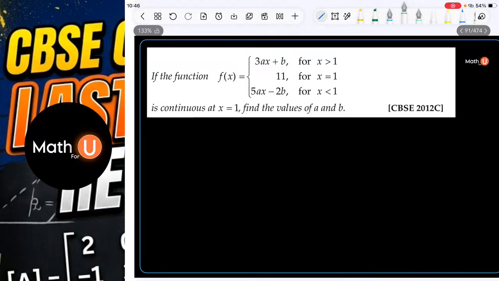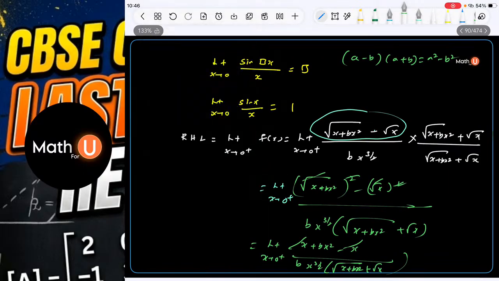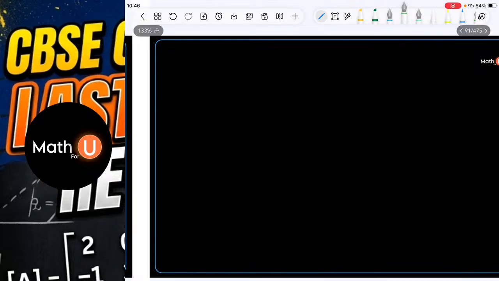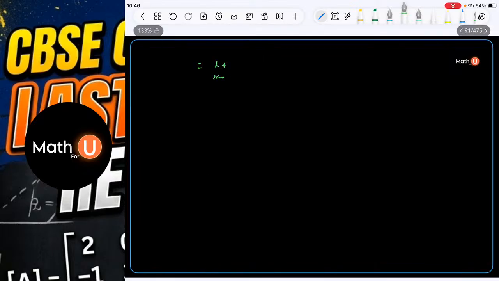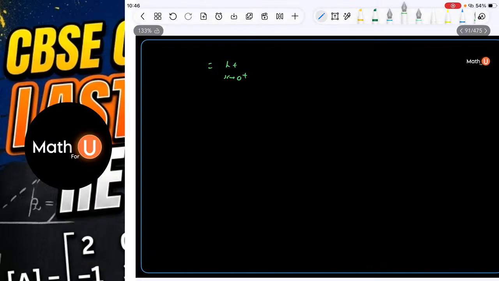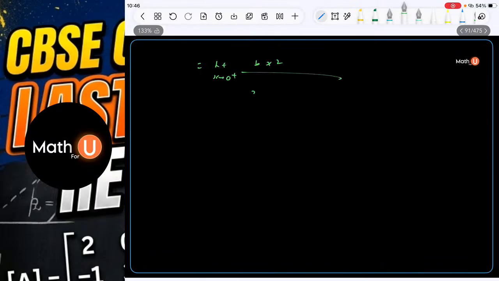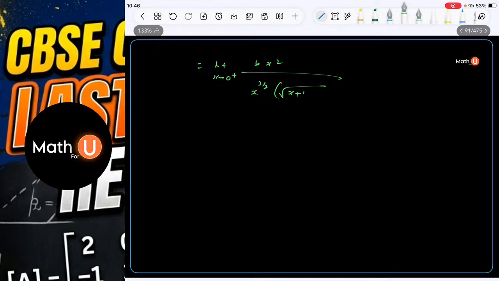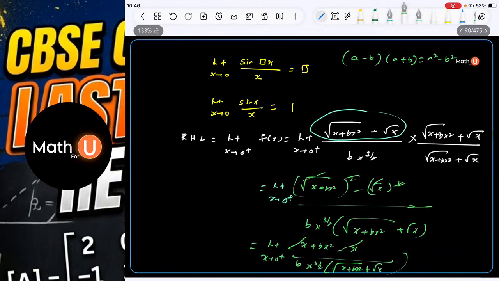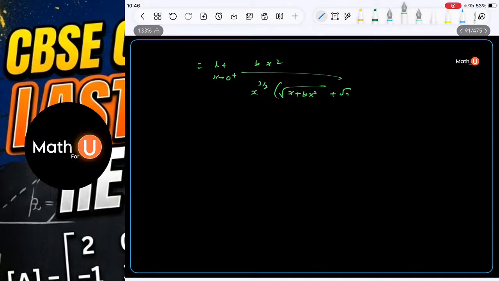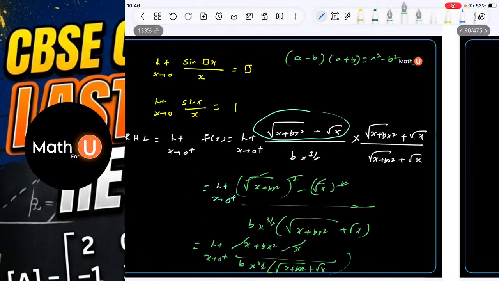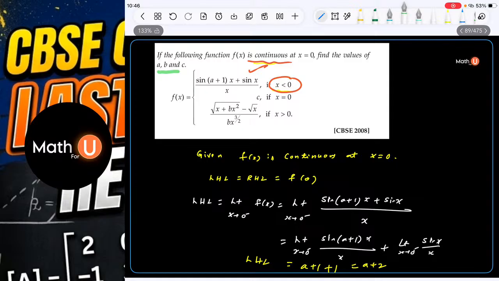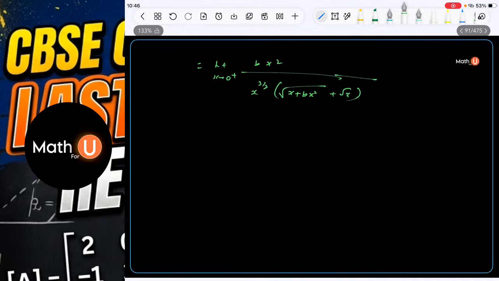Okay, it can be written as limit x tends to 0 plus b x square by b x power of 3 by 2 into square root of x plus bx square plus square root of x. Okay, it can be written like this.